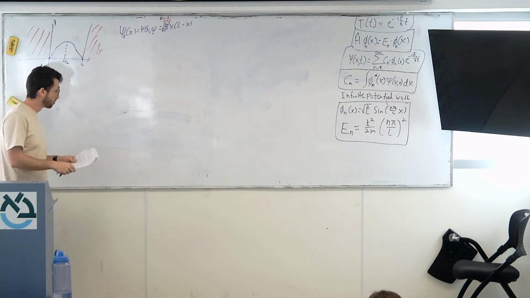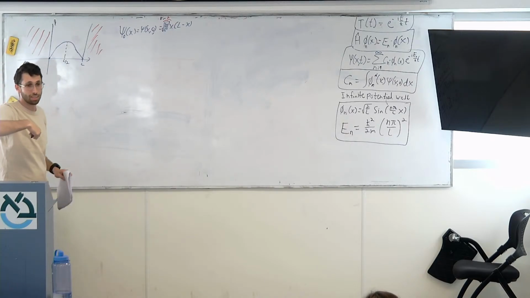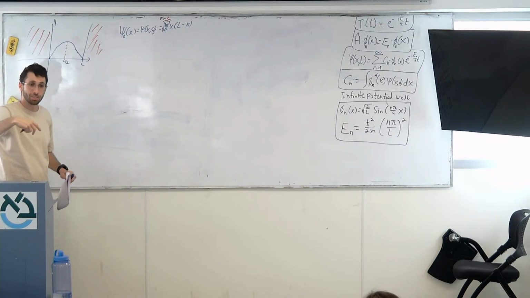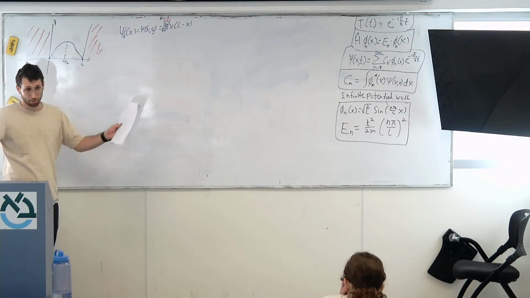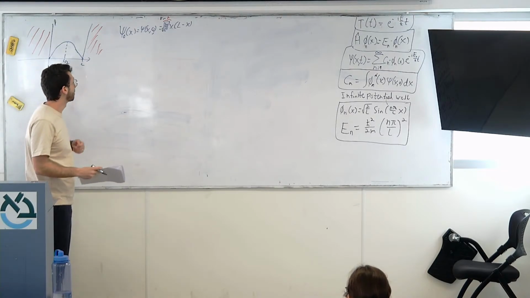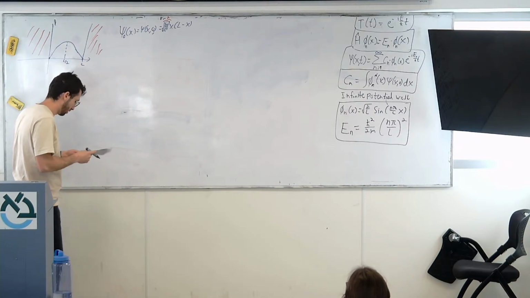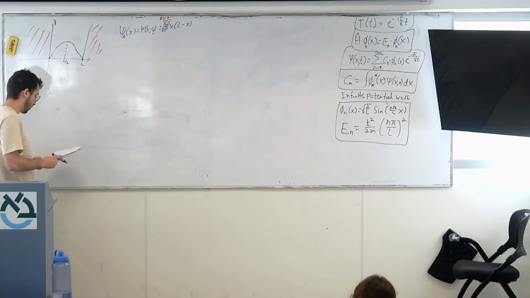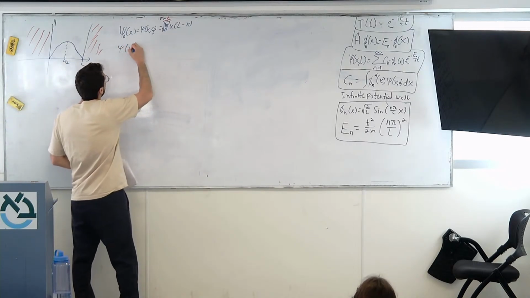If I do an integration of the absolute value of psi squared dx from minus infinity to infinity, it immediately reduces to an integral from 0 to L, because everywhere else it's 0. I constrain it to be equal to 1 and get the normalization A. Now, our question is, what is psi of x and t?